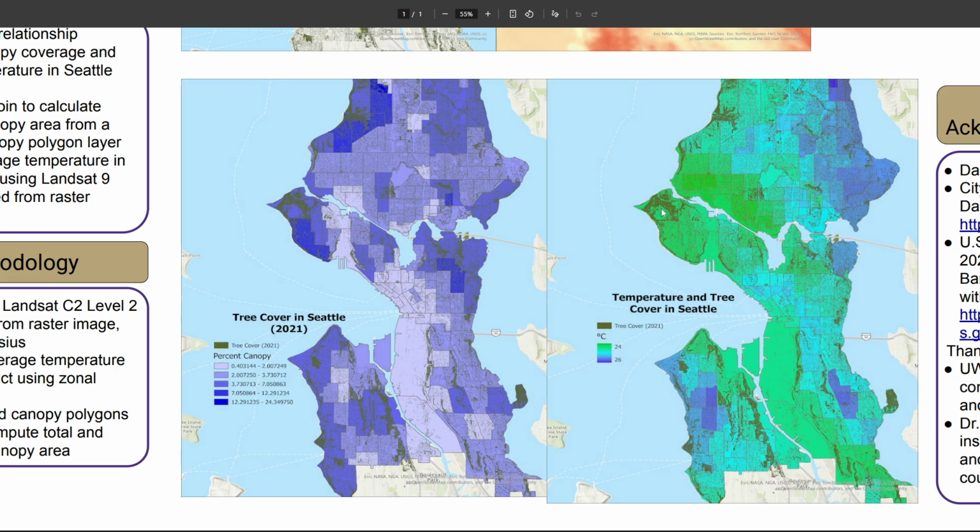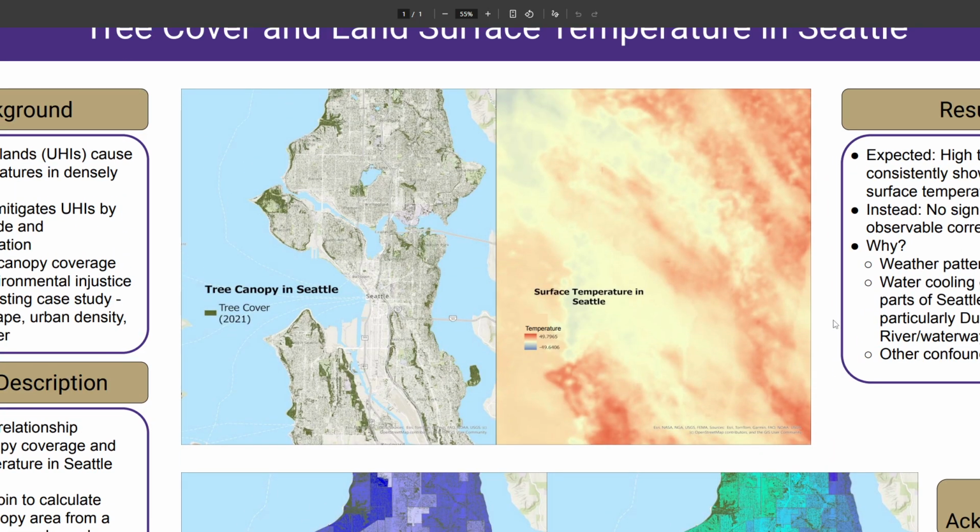And we do see some, right? Obviously Discovery Park is quite cool, and that's probably some combination of the lack of urbanization as well as the water around it. And again, same down by the Duwamish Waterway, the park might have some sort of regulating effect. But yes, I would guess the water is the more significant factor there.